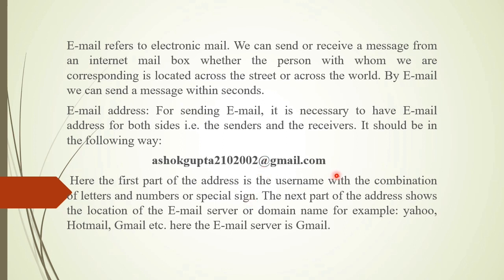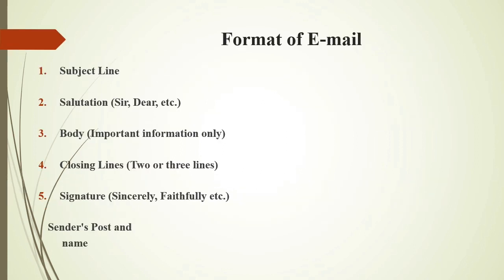The next part of the email address shows the location of the email server or domain name. There are so many email servers or domain names, for example, Yahoo, Hotmail, Gmail, etc. In our case, the email address which I have given over here, the email server is Gmail.